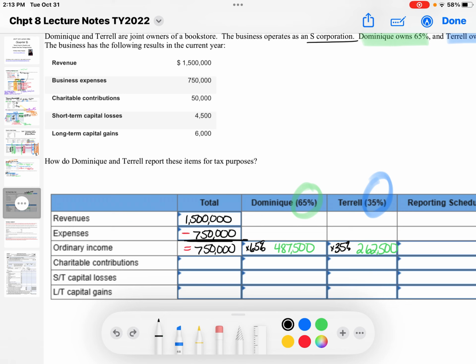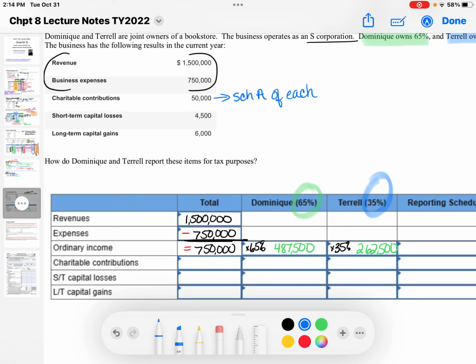Okay, so the revenues and expenses are already done. We took care of those, and you might say, well, wait a minute, why did they put charitable contributions separate? Because charitable contributions cannot be included in a business expense. Yep, that's how it is. We learned that in chapter 6, right? So because of that, this little guy right here, little as in $50,000, this can only be deducted on the Schedule A of each person.